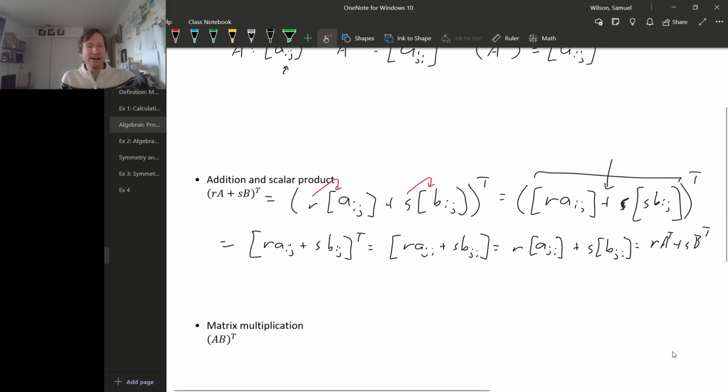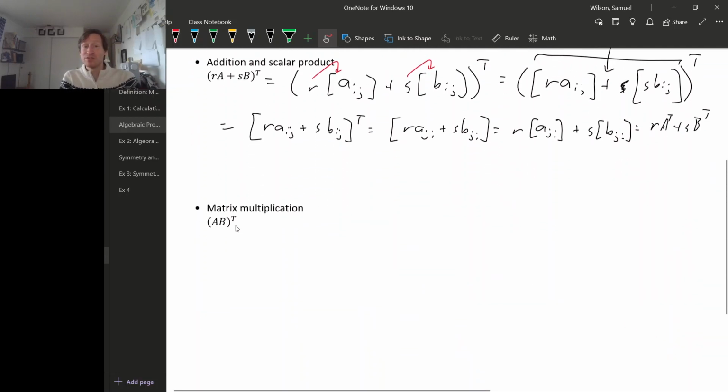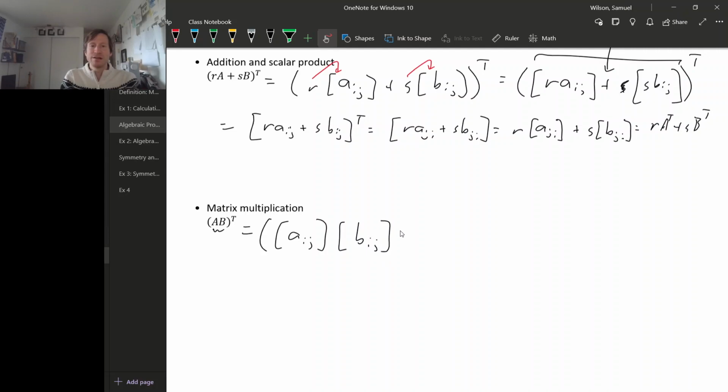All right, let's see what transpose does to multiplication. So this one is a little trickier because the formula for matrix multiplication is trickier. So this is, let's see, (Aij times Bij) transpose.